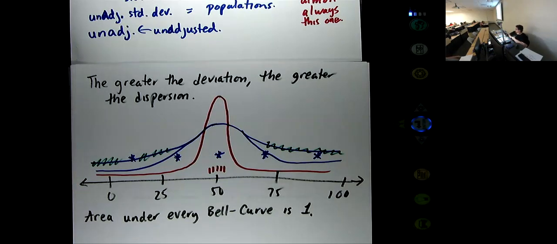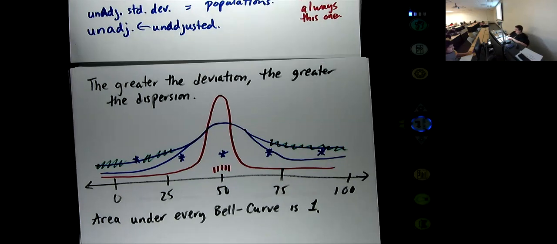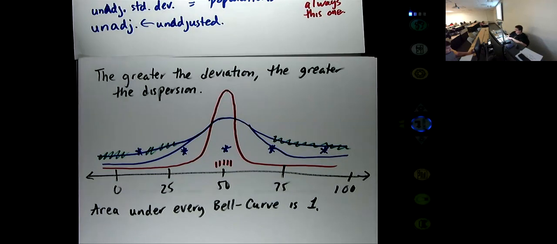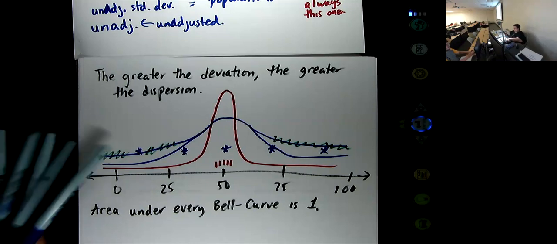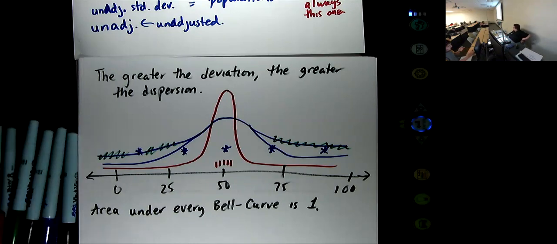So if we cut it into pieces and made a square out of it, it would be a 1 by 1 square, no matter which shape it is, whether it's spiky and narrow or flatter and more like a hill. So just like sand, if the top of the hill goes down, that sand has got to go somewhere, and it pushes to the sides.